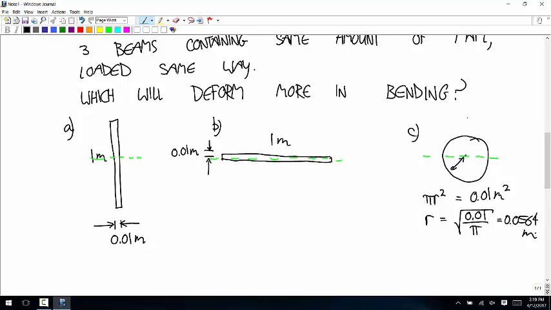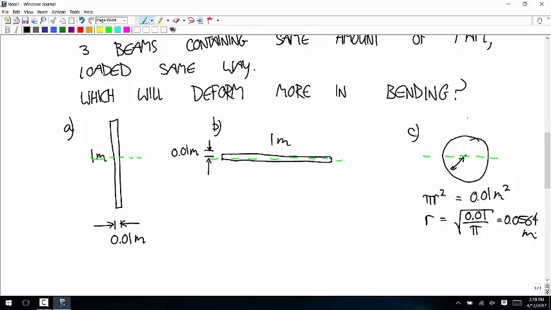So you're going to have the smallest stress with this one, the next smallest stress with this one, and the biggest stress with this one. And because stress and strain are proportional, they have that linear relationship, this has the biggest strain, the biggest deformation. This has the next biggest deformation, and this has the lowest deformation.